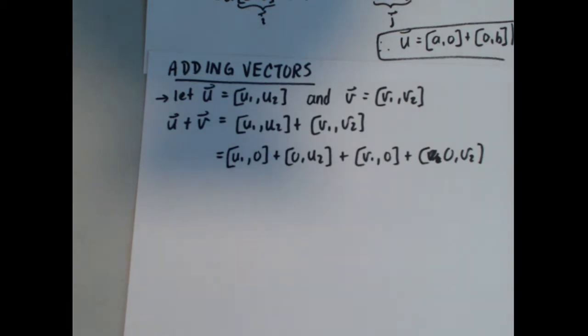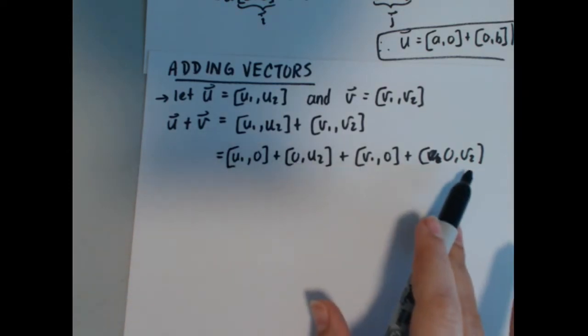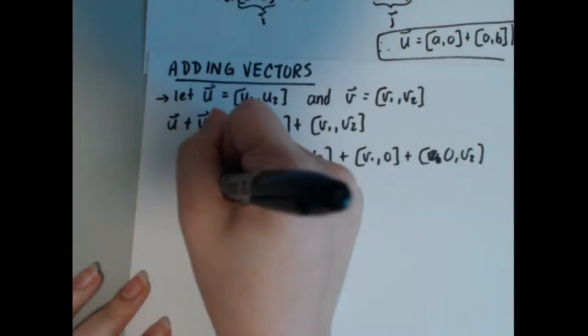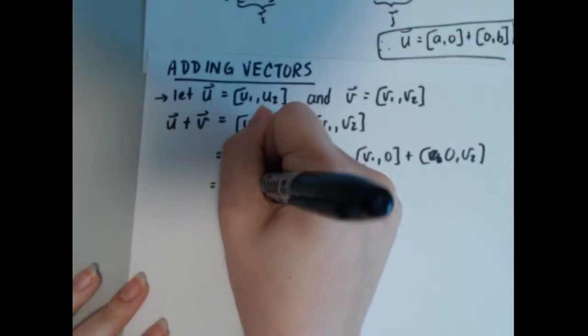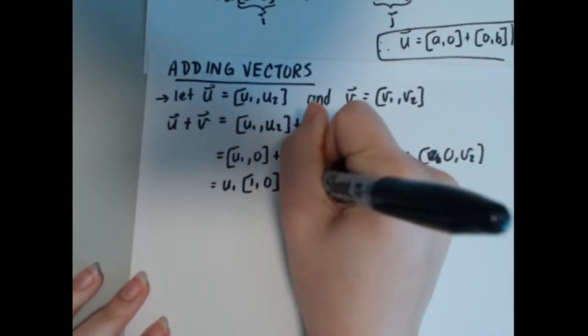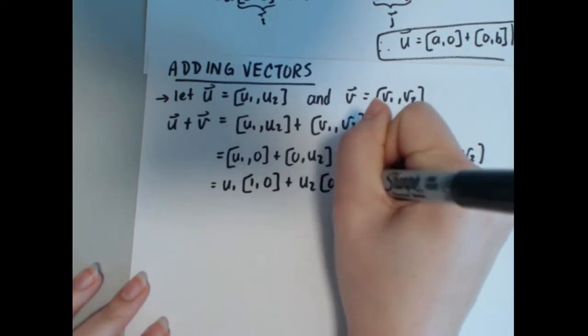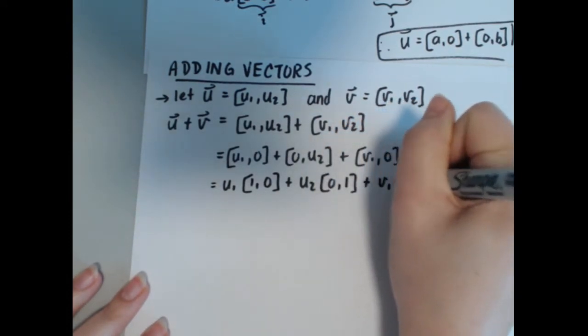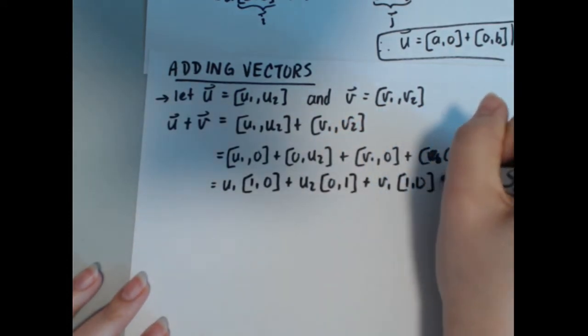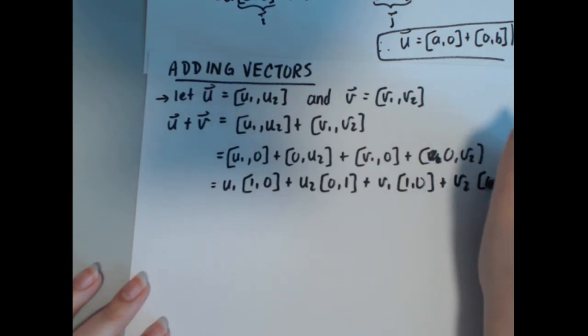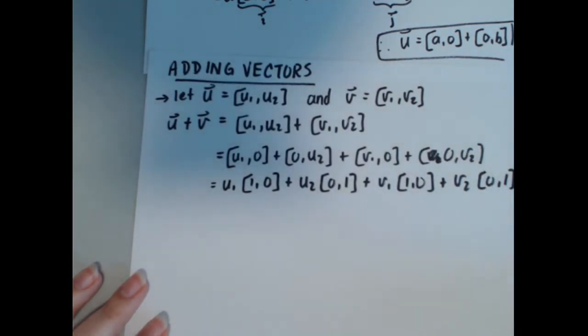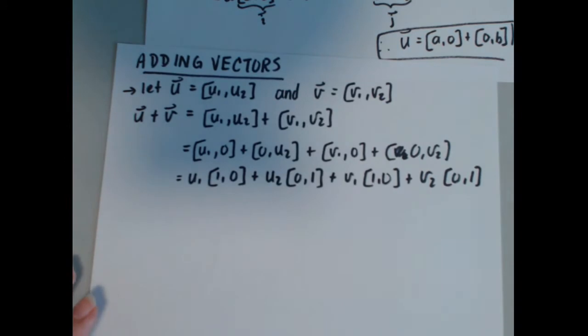Okay, so now that I've split them up, I'm going to go ahead and divide out the constants here. So I'm going to have u1 times 1, 0 plus u2 times 0, 1 plus v1 times 1, 0 plus v2 times 0, 1. Okay, so what I notice is that I have a series of i's and j's here.